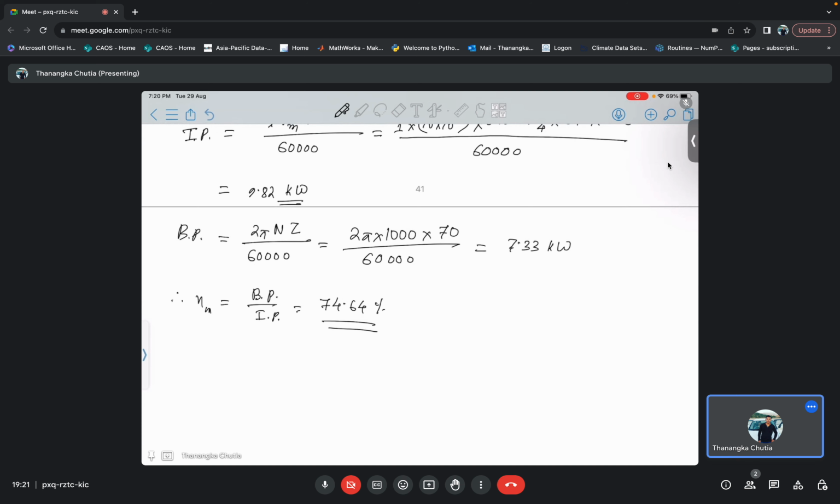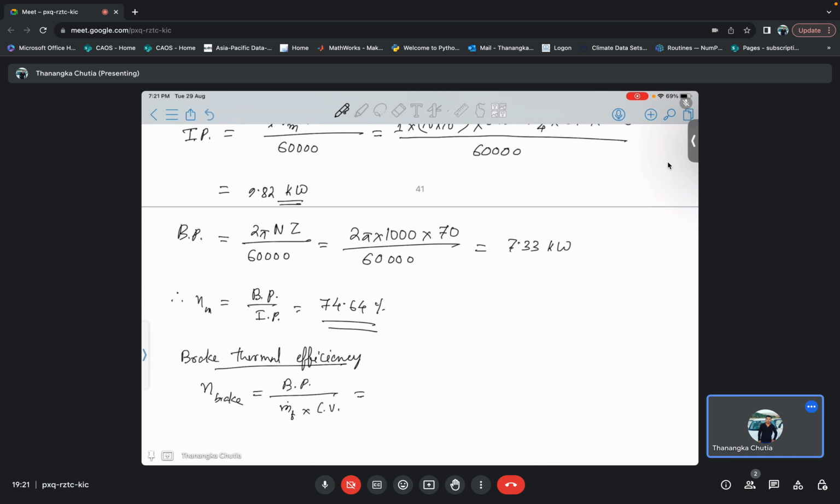Now brake thermal efficiency. So eta brake will be equal to what? Brake power divided by mass flow rate of the fuel into calorific value.